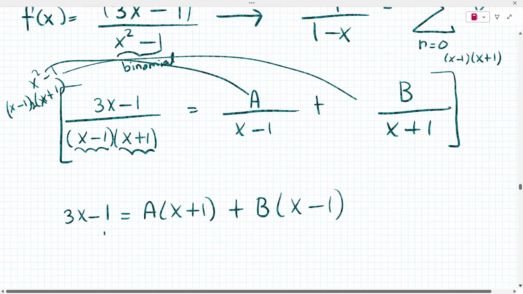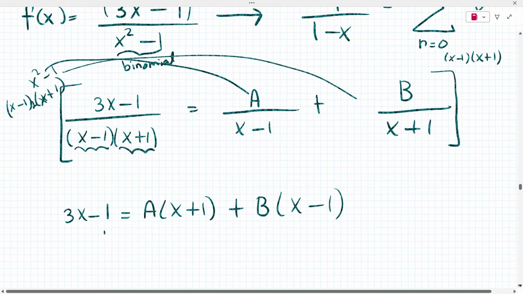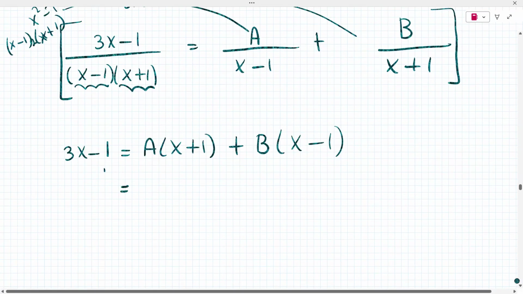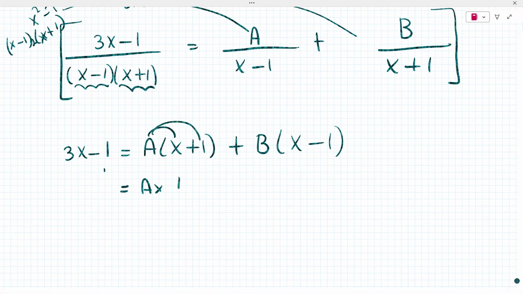Or would it? No, it wouldn't. So what we would do is just FOIL out the A and B. So A times x is Ax. A times 1 is regular A. B times x is Bx. And then on the left, it's 3x minus 1.